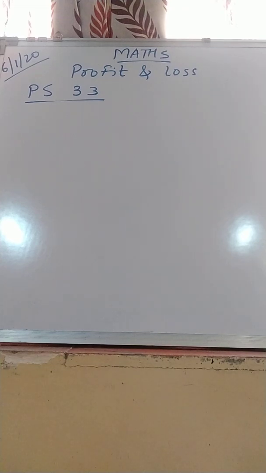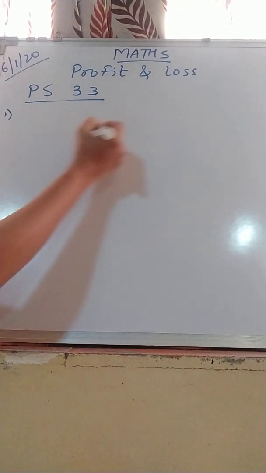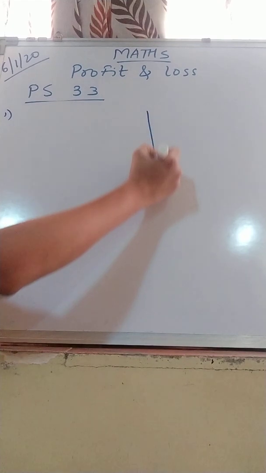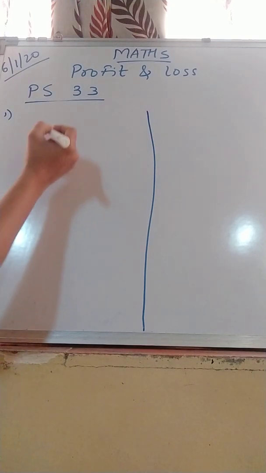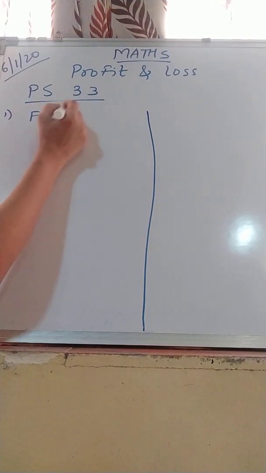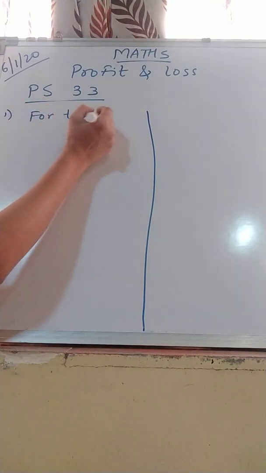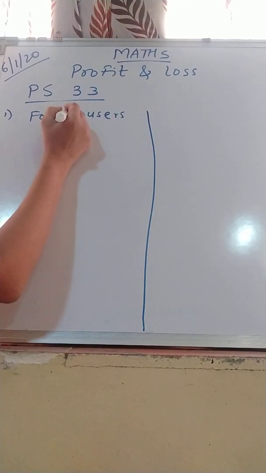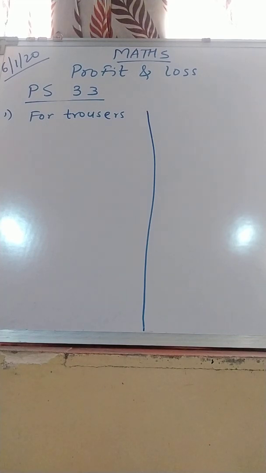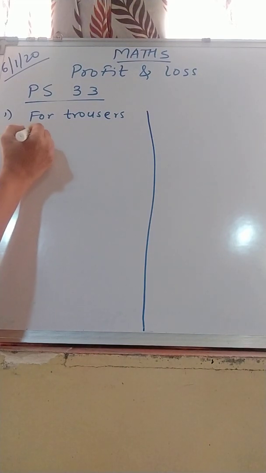Now see, there are two transactions, one for trouser and one for shirt. So we'll make two columns here. In first column I am taking transaction for trousers. So for trousers, what is the cost price?